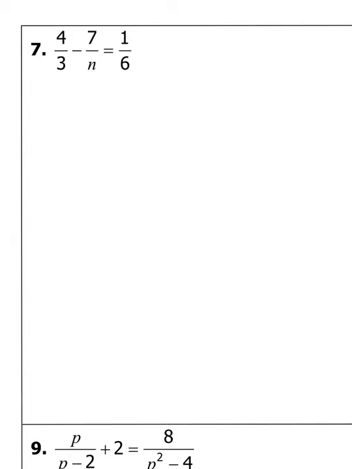So for the first one, 3 is already factored, n's already factored, and 6. When I say factor, I just mean break it up into its prime factorization, meaning what two prime factors would give you 6, because now we're looking for our least common denominator, or our LCD.